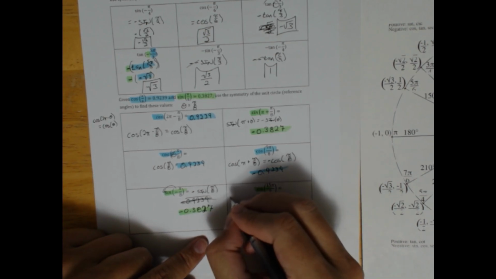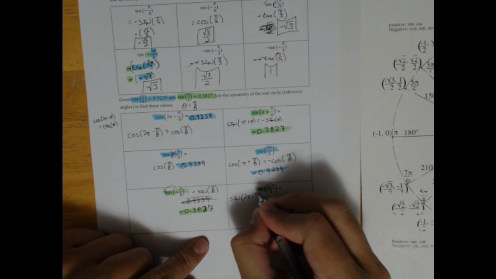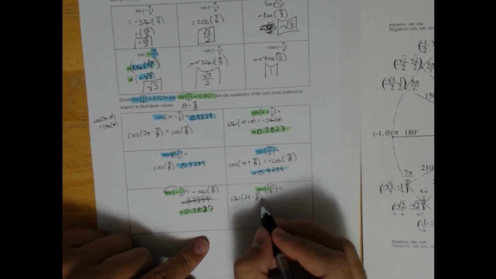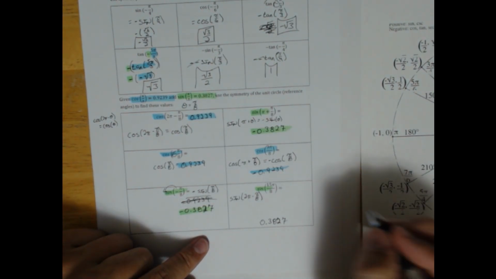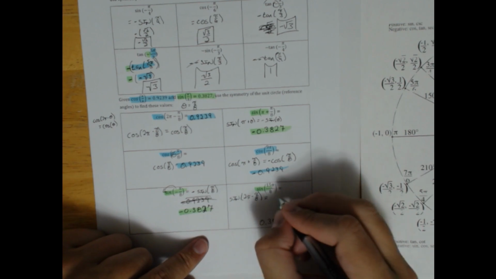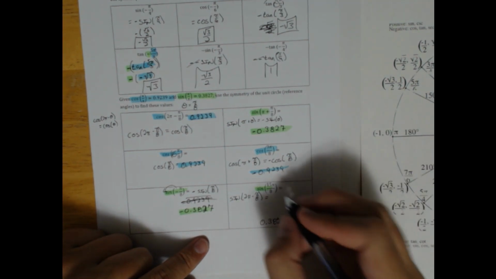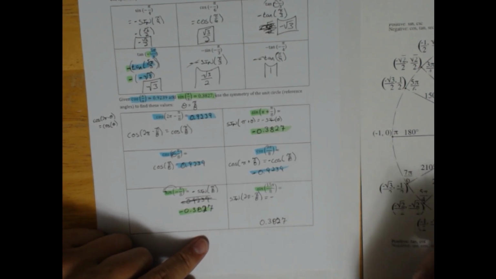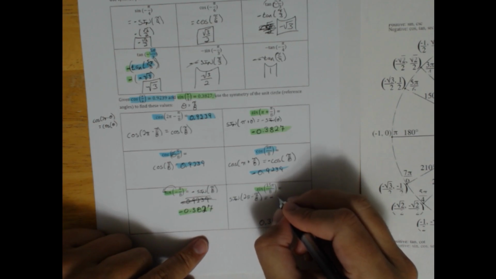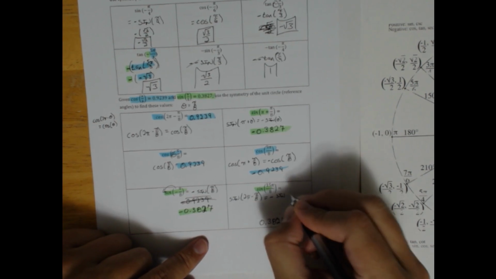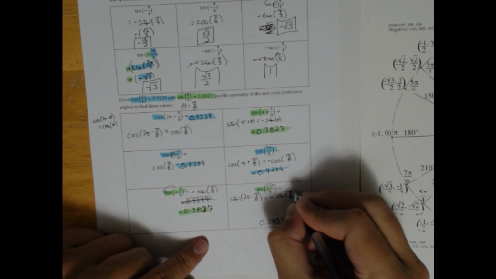So we can rewrite this as sine of 2 pi minus pi over 8. We're always using some version of pi over 8 in each of these. And going from quadrant 1 to quadrant 4 does change the sign value, so this should be negative sine of pi over 8.